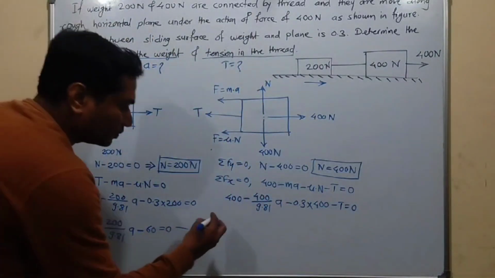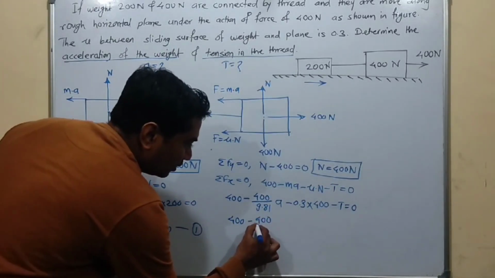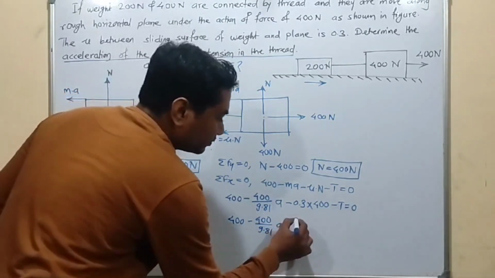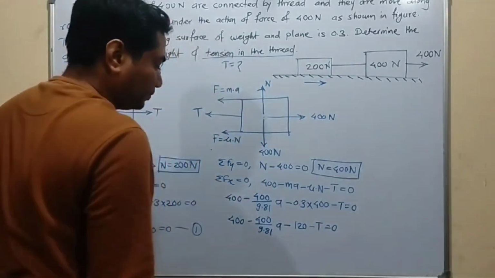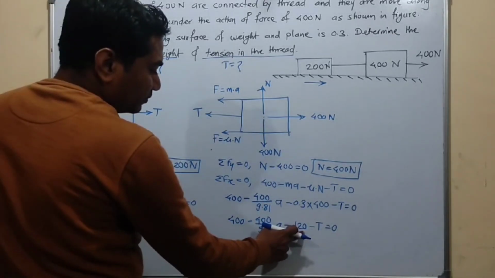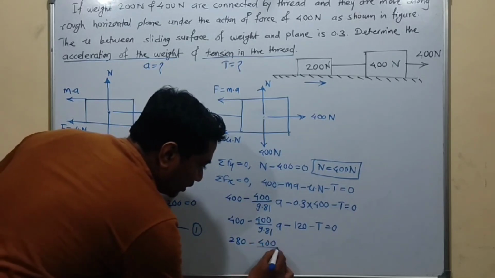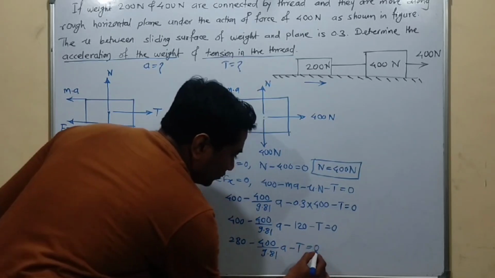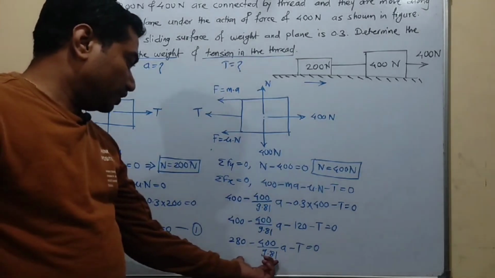So now we will solve this. 400 minus 400 divided by 9.81 into A minus 120 minus T is equal to 0. So now again 400 minus 120, it is 280 minus 400 divided by 9.81 A minus T is equal to 0. So we know that this is the first equation and this is the second equation.